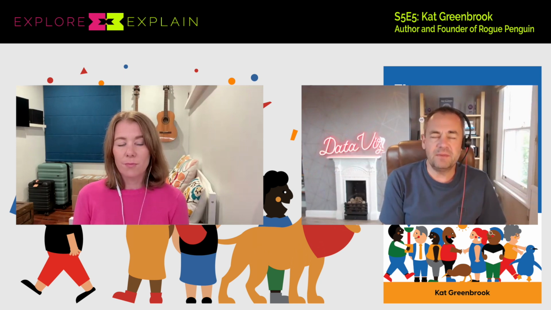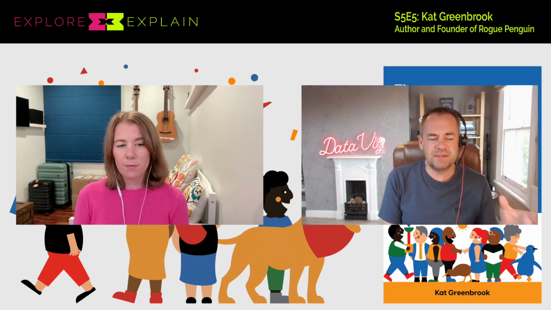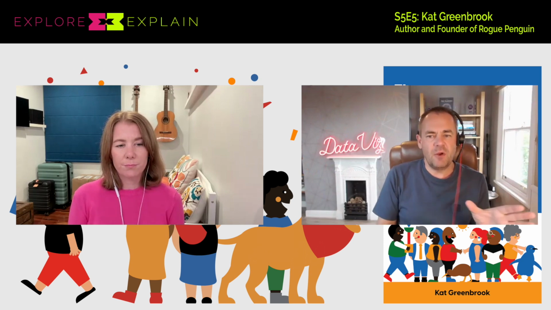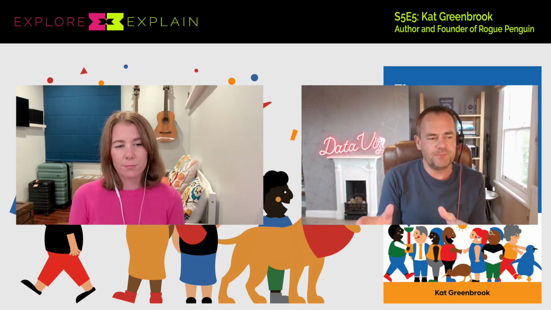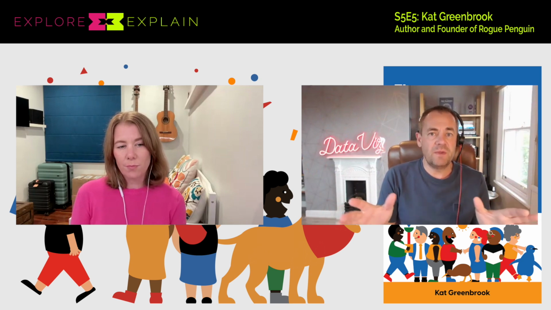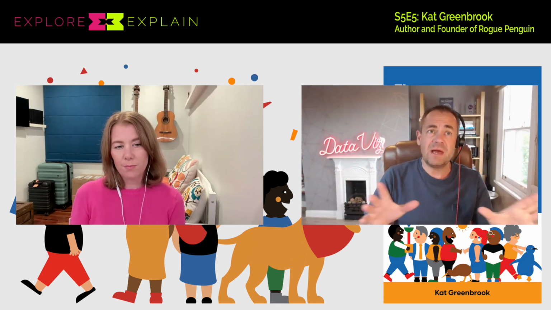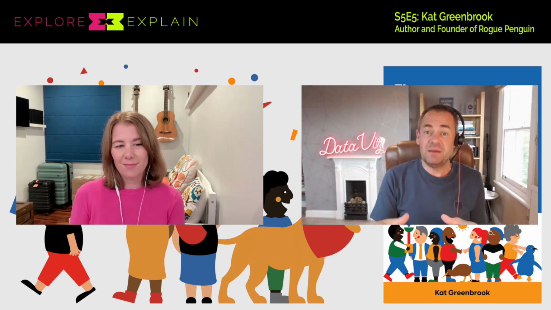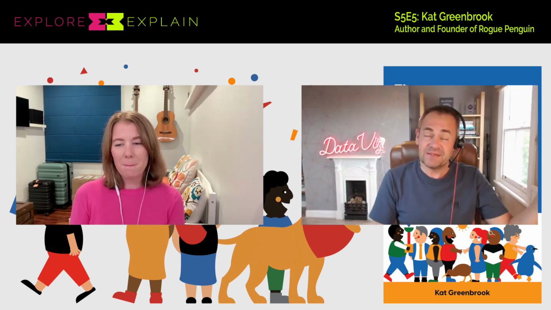So I think the obvious starting point for this is to think about your background. And I'm sure that you often recognize this with all the people that are in data viz. We all have different natural sensibilities or a starting point that gets us into data viz.